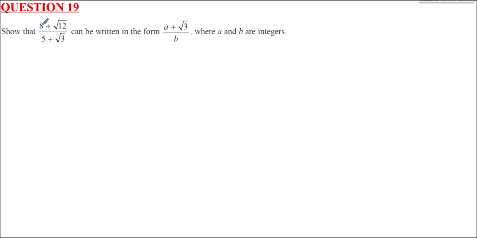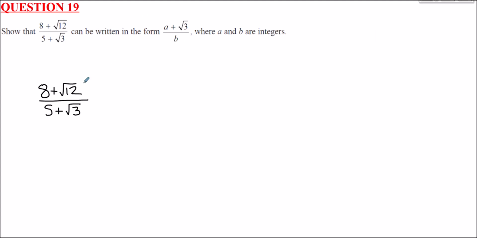The main thing for these types of questions, I'm just going to write out the question again, slightly bigger, so it's clearer. We need to get rid of any surd on the bottom of the fraction. So here that root 3 needs to disappear, so we've just got a normal whole number at the bottom.